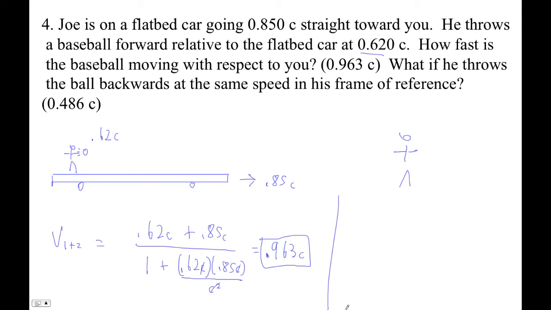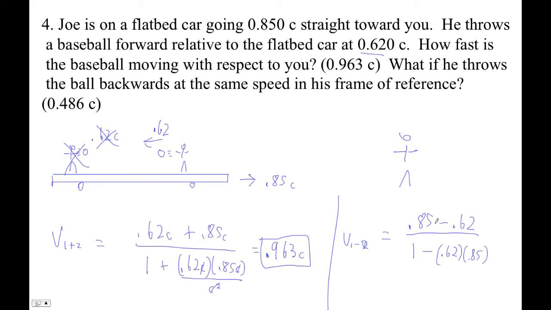Now, what if he throws it backward in his frame of reference? What if Joe is here instead? He throws that ball backwards. Of course, you would then subtract, so V1 minus V2 is 0.85 minus 0.62 all over 1 minus 0.62 times 0.85.